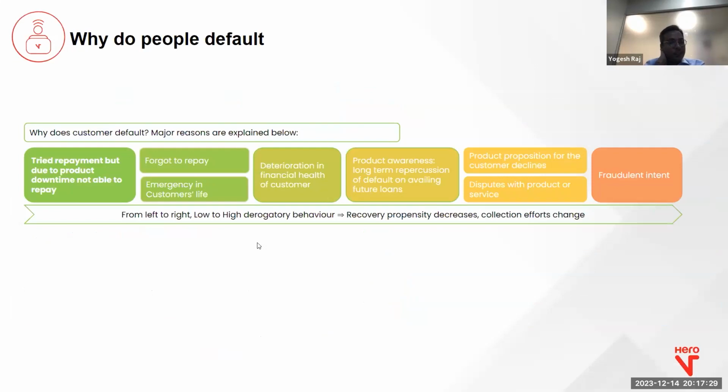This is very important. If somebody is learning, it becomes very important to understand why somebody defaults. If you read this picture from left to right, the greener the segment, customers actually default, meaning people are not paying me on time.